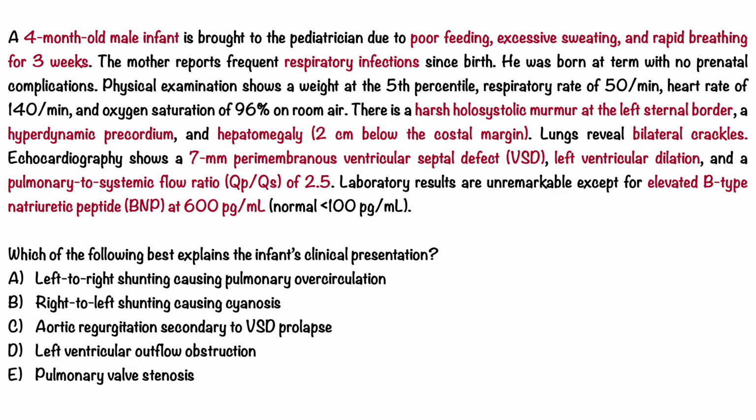Even if this is not the case, we will deep dive into every option, and also into the management of the correct diagnosis. And also aortic regurgitation secondary to VSD prolapse, it can occur, but there are no signs of aortic regurgitation in echocardiography either. Then left ventricular outflow obstruction, pulmonary valve stenosis. Let's begin each by each.